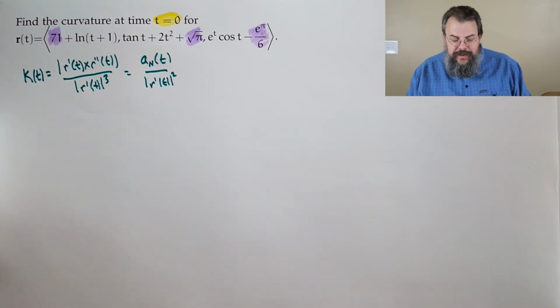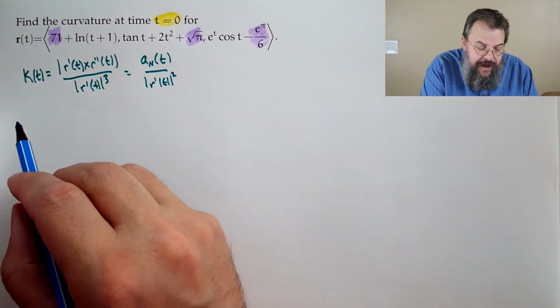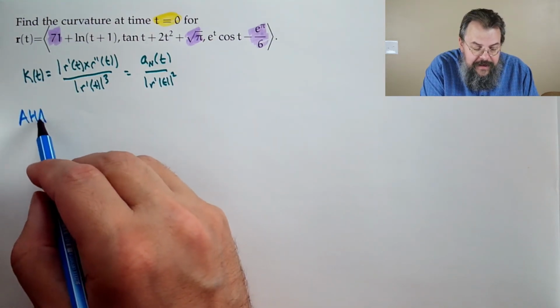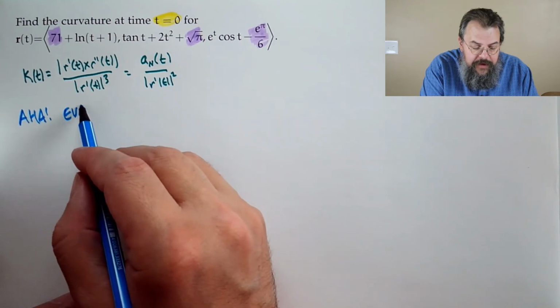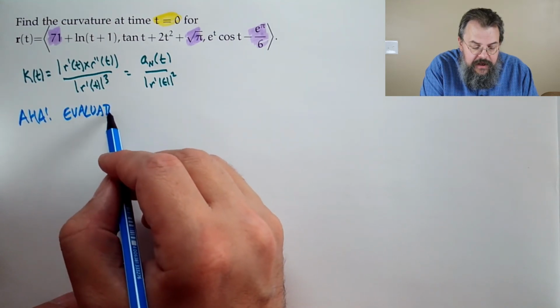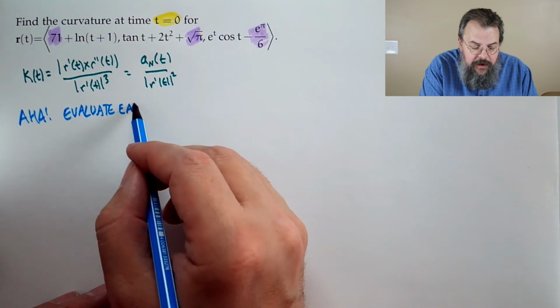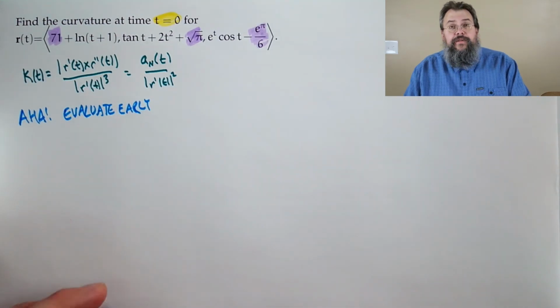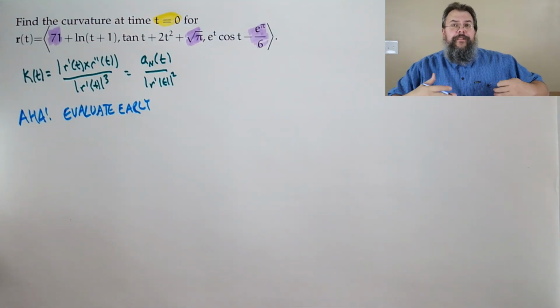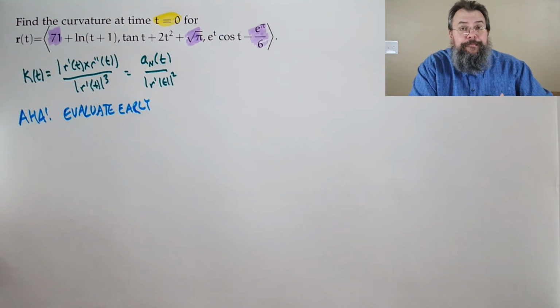And the answer is almost always the following: evaluate early. Now, what does that mean? If you have to evaluate, you want to evaluate as soon in the process as you can. Oftentimes people think, wait, don't I evaluate at the very end?